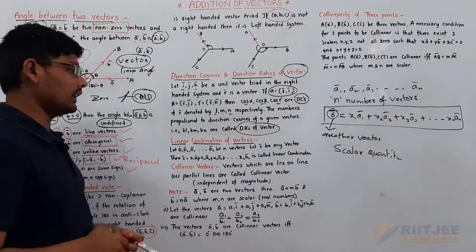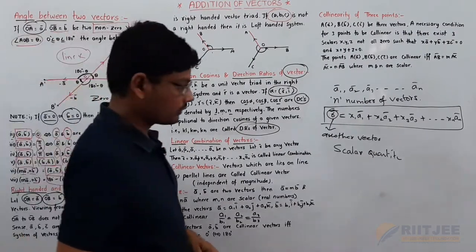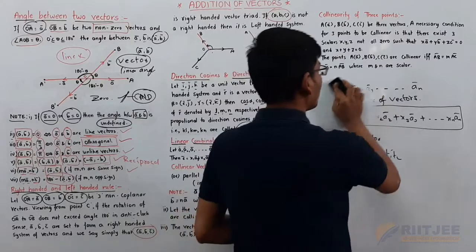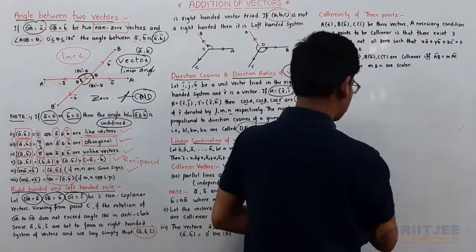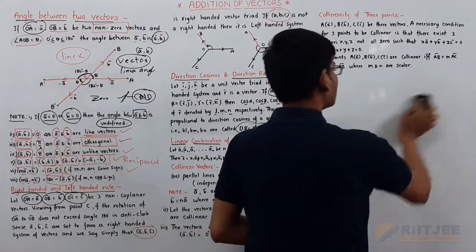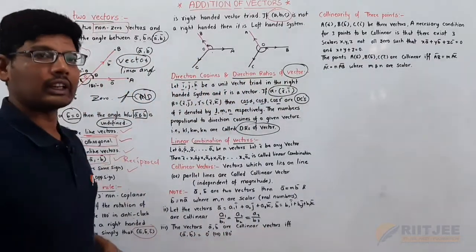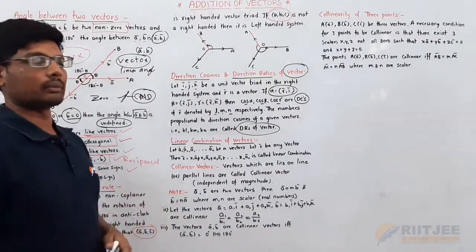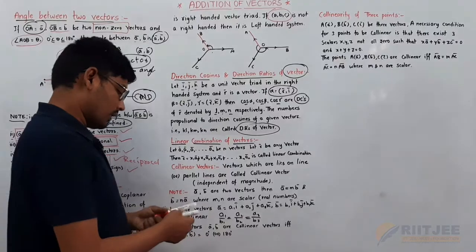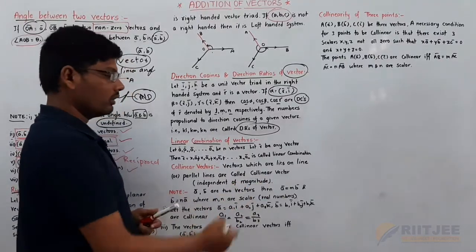And the next one is collinear vectors. What is meant by collinear here? Collinear is nothing but the points lie on a line. If 3 points lie on the same line, they are collinear. Here the same concept we are applying for vectors.